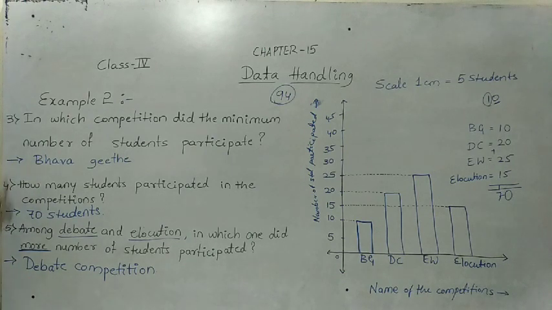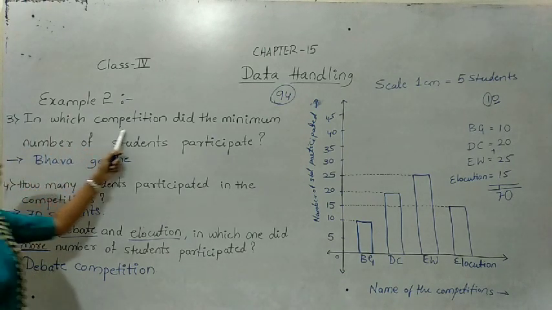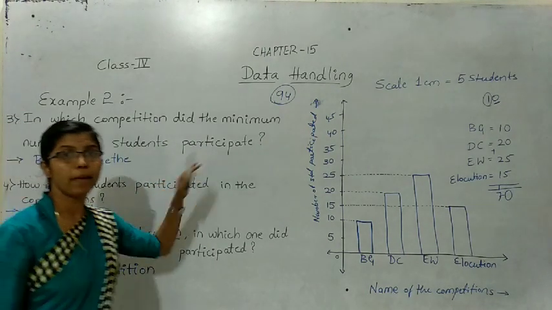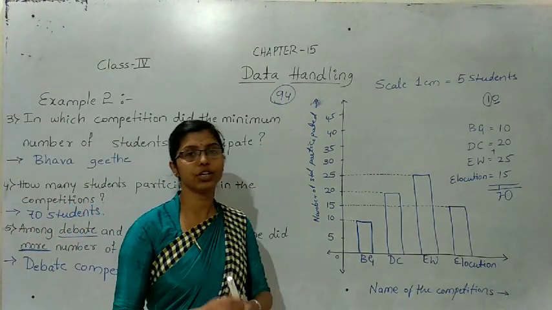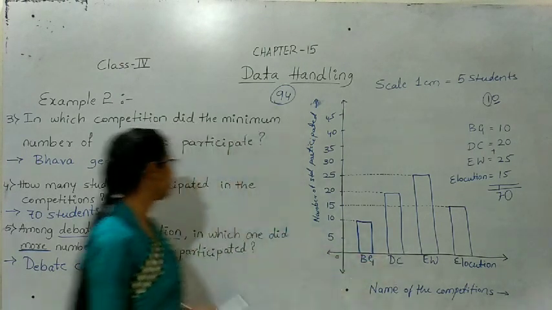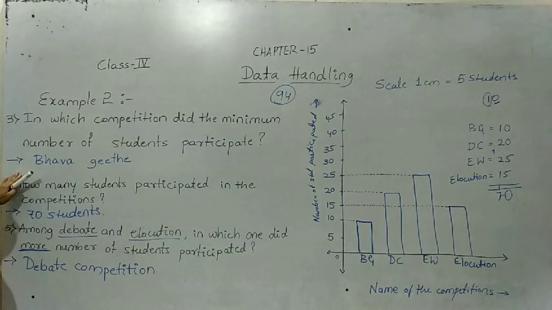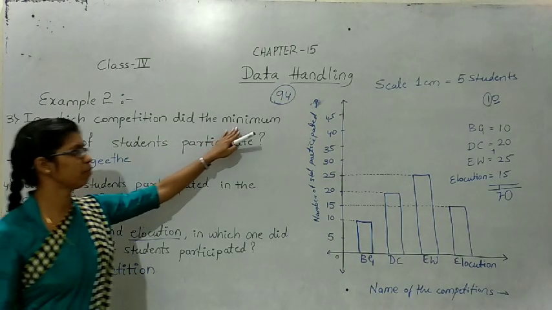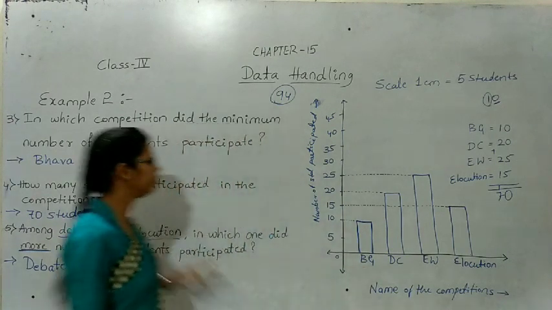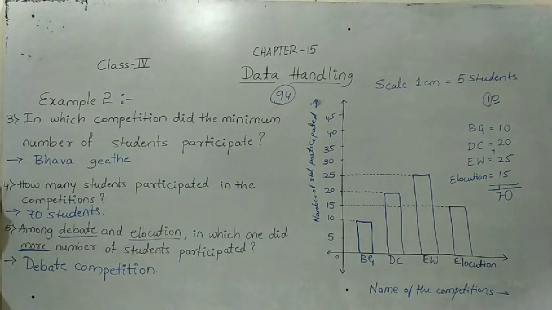See dear students, third one, in which competition did the maximum number of students participate? Maximum number, in which competition they participate, that one they are asking. That is essay writing. The maximum is essay writing. Minimum means Bhava Geet.